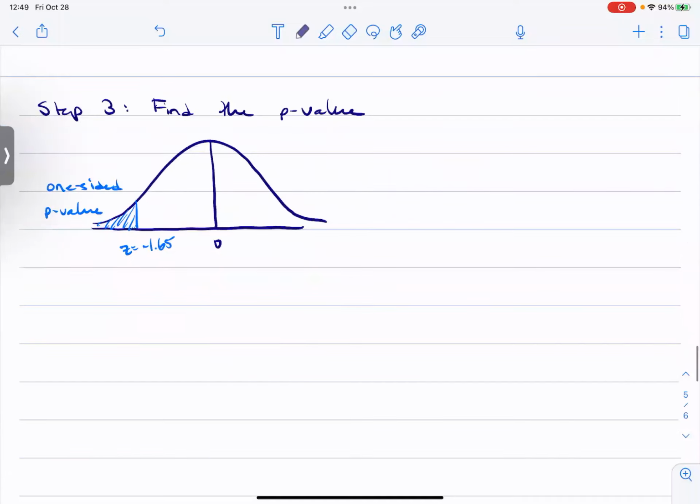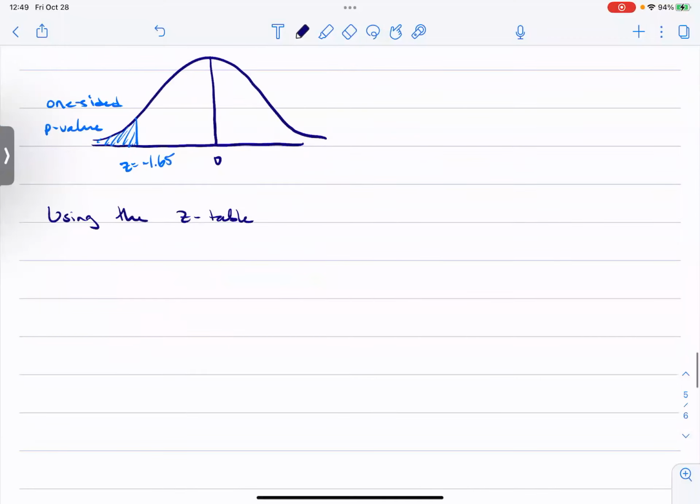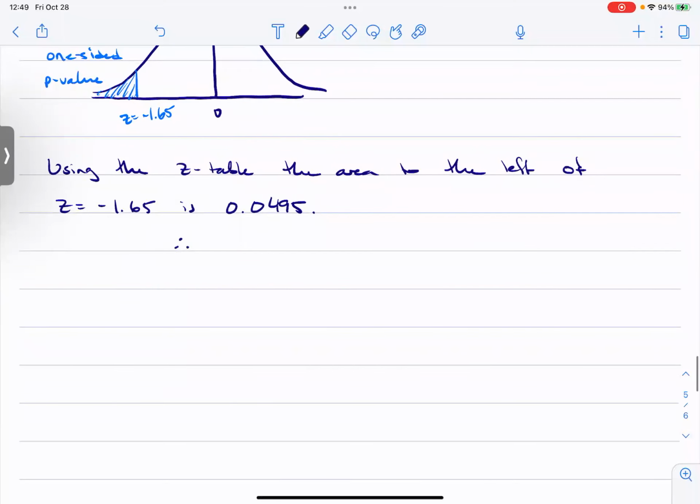So now using the Z table, the area to the left of Z equal to negative 1.65 is, I'm not going to go there, I'm just going to tell you it's 0.0495, because I am running out of time here.